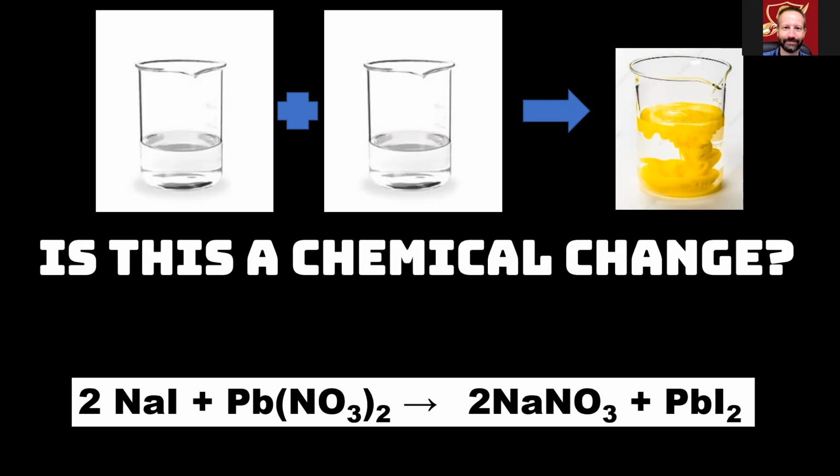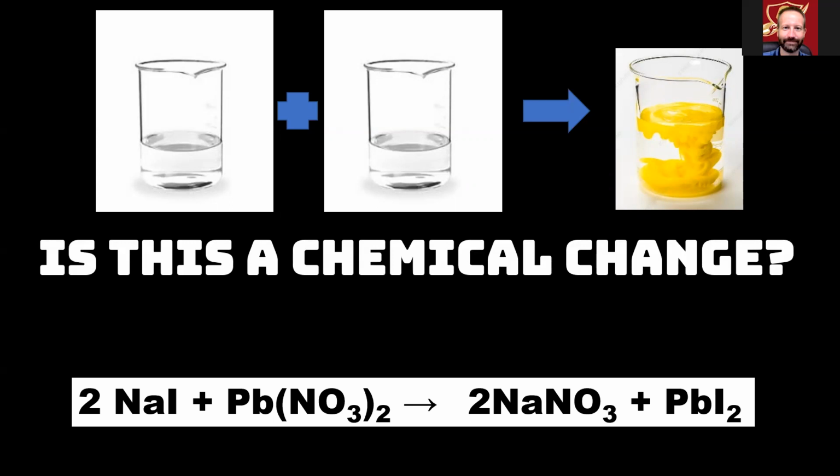Now, for it to be a chemical change, what has to happen? Bonds broken or formed or both. So I rewrote the chemical equation. Let's look for bonds broken. For my NaI to end up in separate spots, what do I have to do to the bond between them? Break it.